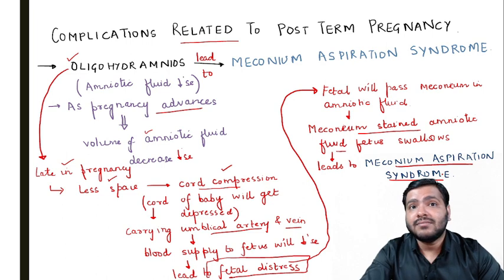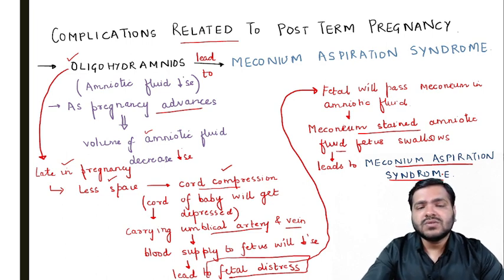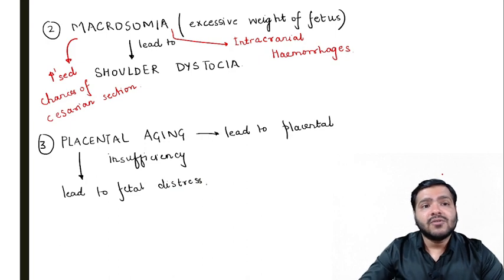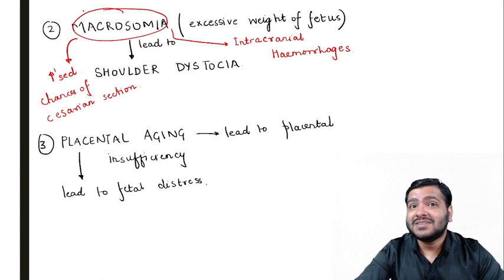Okay. Apart from that guys, another complication is called macrosomia. You know that 42 weeks basically means the weight of the fetus will be much larger.